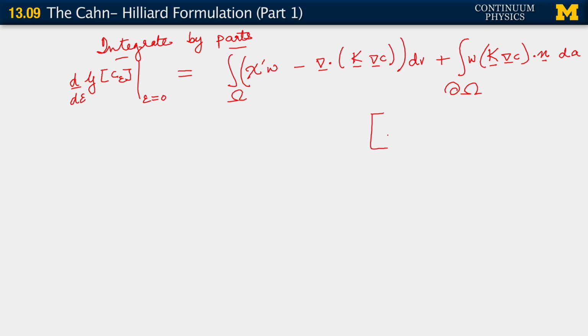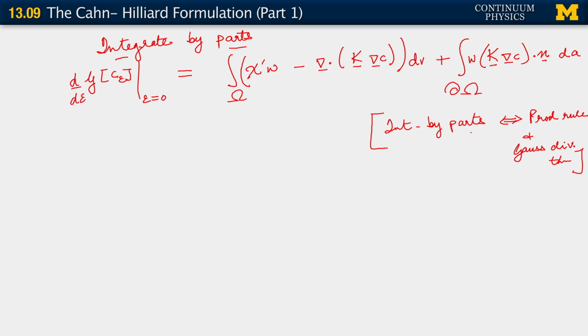I'll just remind ourselves that integration by parts is equivalent to the product rule of differentiation and the Gauss divergence theorem. And that's how we get that final result. It's probably even clearer if you try to do that using coordinate notation.